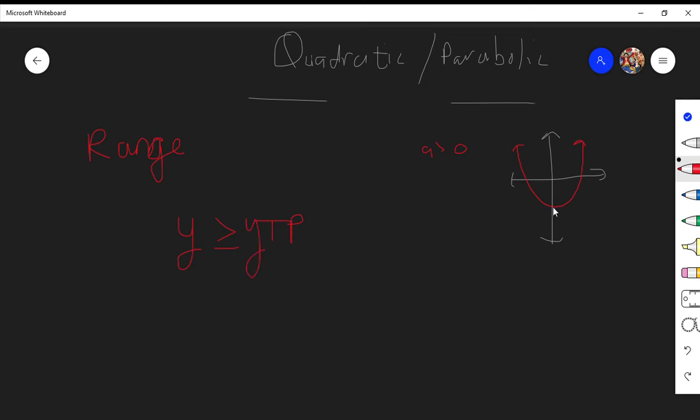Because all the y values that the graph touches would be from this point over here, which is the y value of the turning point, all the way upwards until infinity.